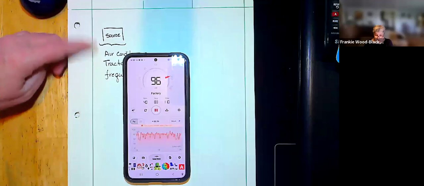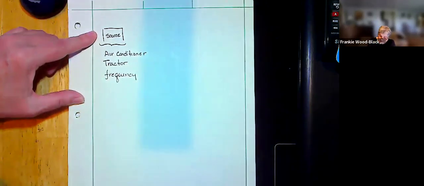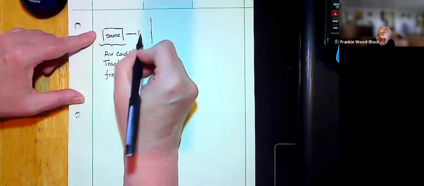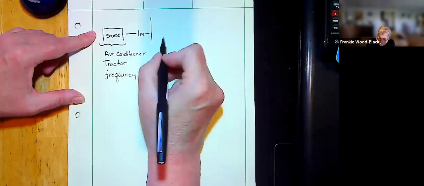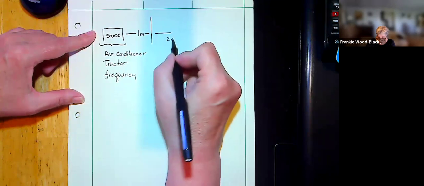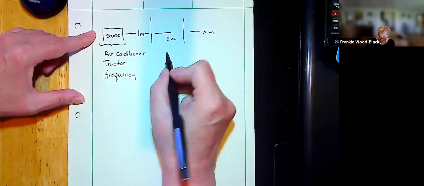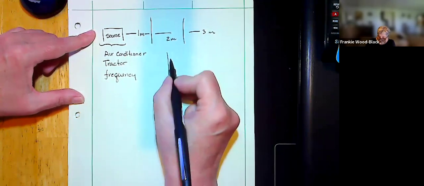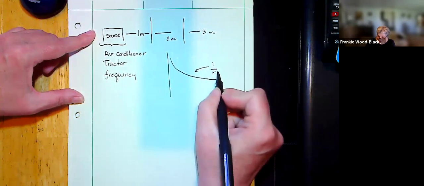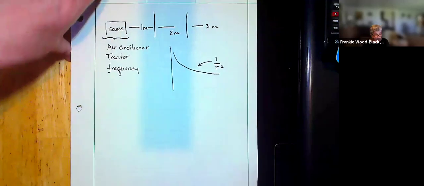You can't go right up against your source, but you can use your sound meter. Start about 1 meter away, then measure your intensity at 2 meters, and then 3 meters. You should end up with a graph that falls off as 1 over r squared.